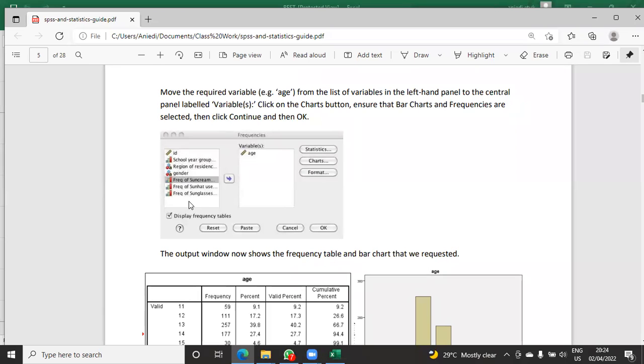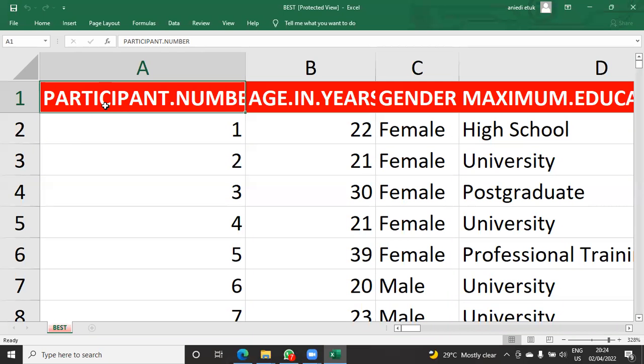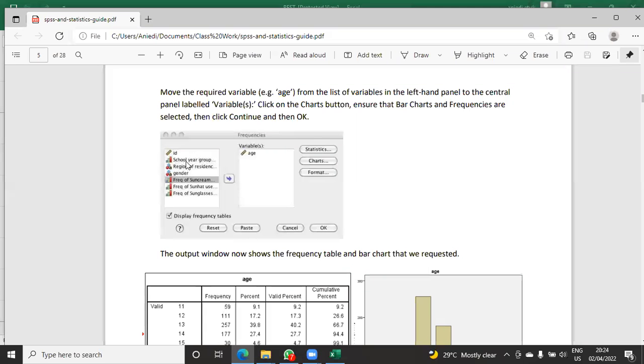You see the ID representing the participant number, the school year group, and the region. The school year group has to do with ordinal data, and region of residence has to do with nominal data.